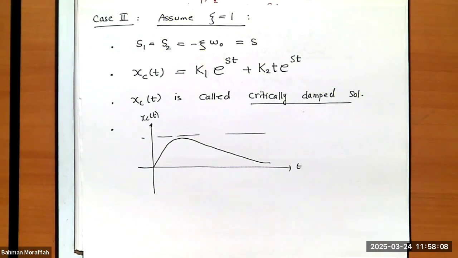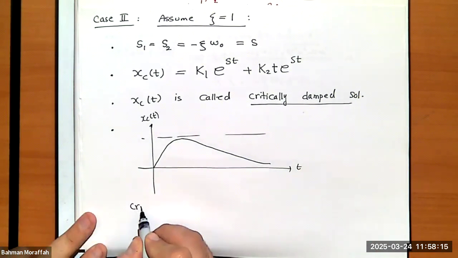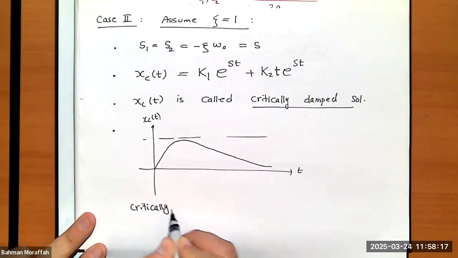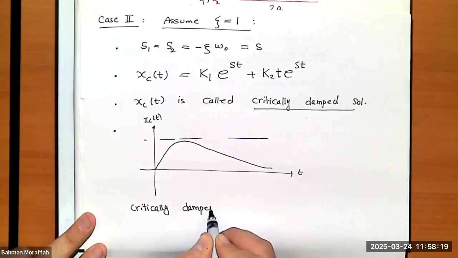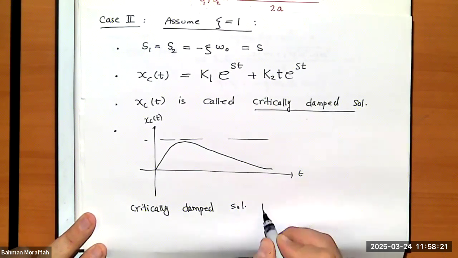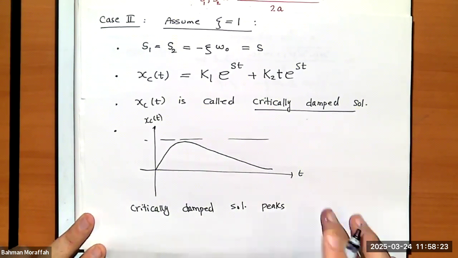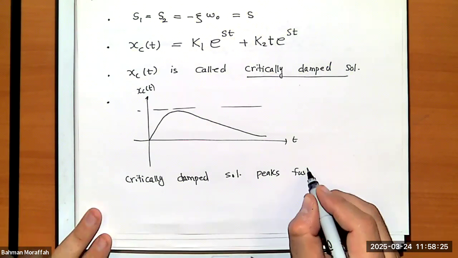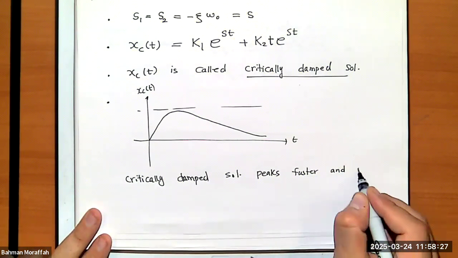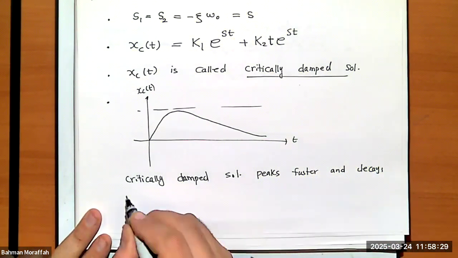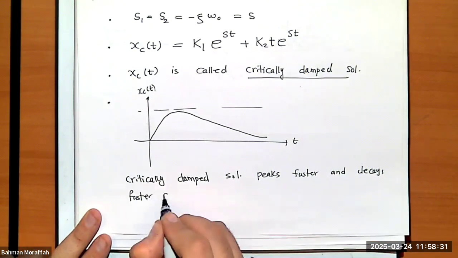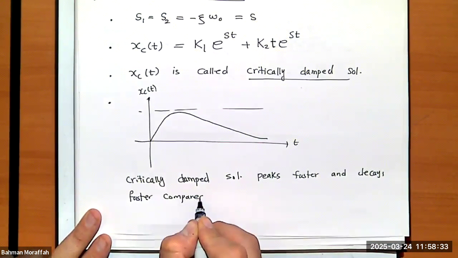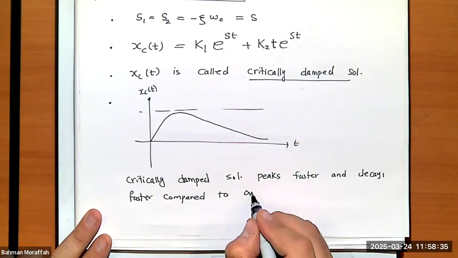Because of that t, we're peaking much faster, and we're decaying much, much faster. So the critically damped solution peaks faster and decays faster compared to overdamped.